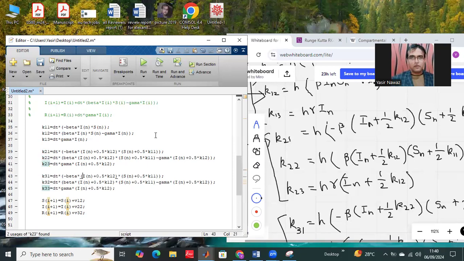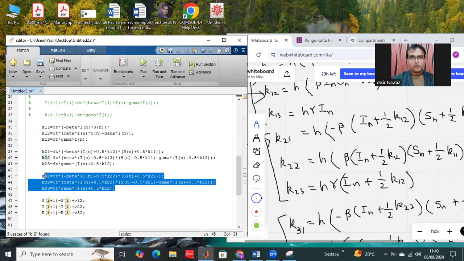For making the computation easy, for susceptible it is 2-1, that's 2-1, and that's 2-2.